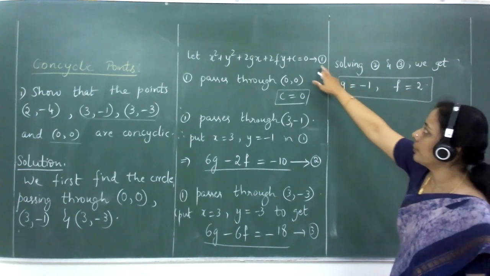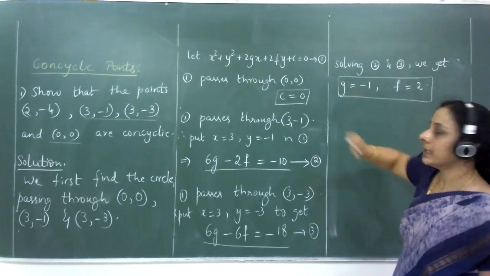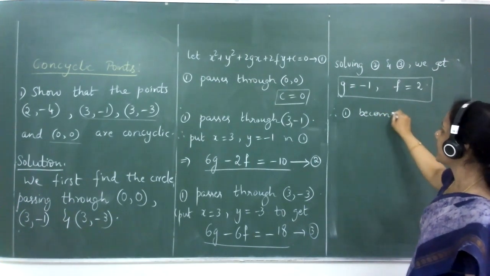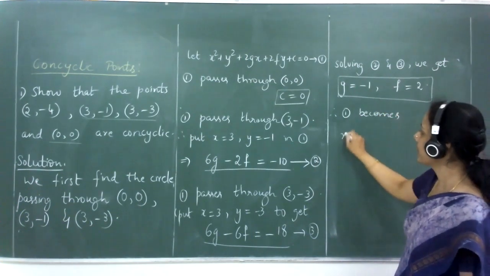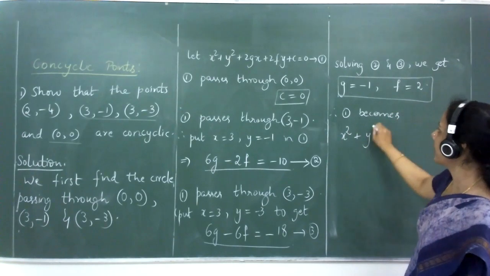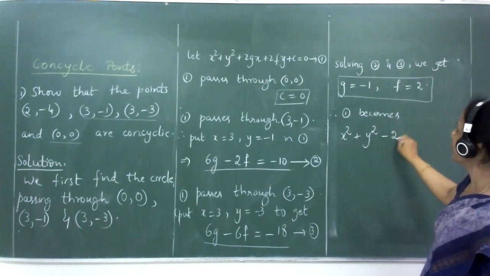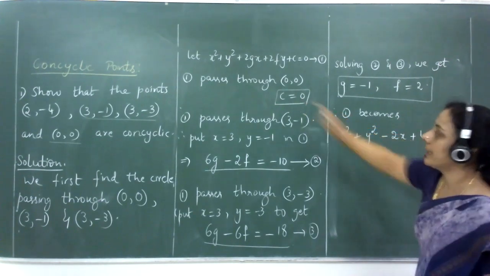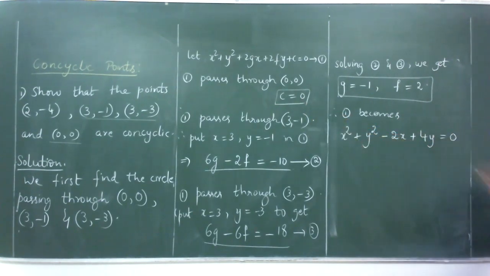All the three will have to be back substituted in equation 1. So what do we have in equation 1? Equation 1 then becomes x squared plus y squared minus 2x plus 4y. Remember here we have c as 0, so you will have only 4 terms here in the non-zero part of the equation of the circle.